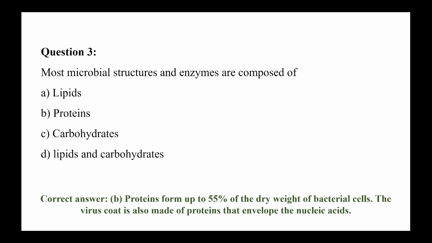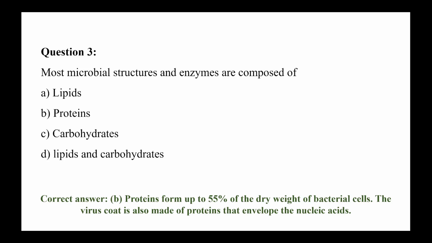Protein forms up to 55% of the dry weight of bacterial cells. When I say dry weight, that means cells have a water content, but excluding the water content, 55% of the dry weight is proteins.